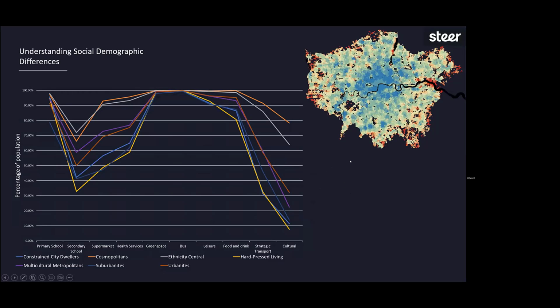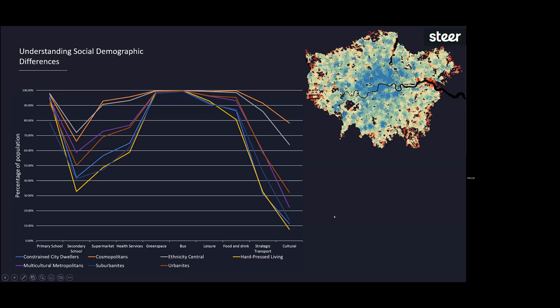Moving on to understanding social demographic differences in accessibility, we used the data from the output area classification data and a version of that for London to look at how accessibility might change by different segmentation types of population.